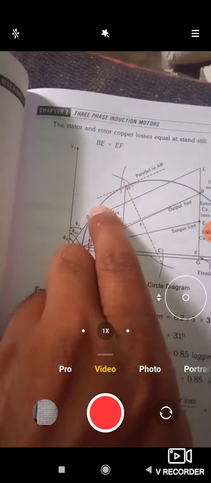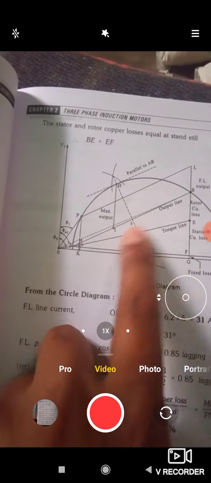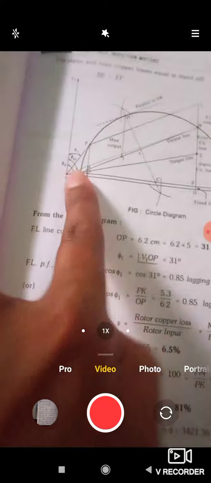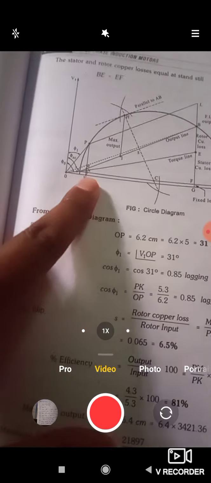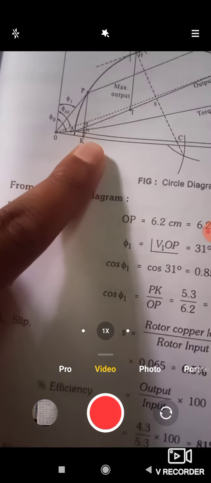This line is parallel to AB. Okay, so from that, see, it cuts the circle diagram at 2 points, but we consider this point as P. So by joining OP and drawing the vertical line PK, and also finding the points M, N and J, we will find the different values.